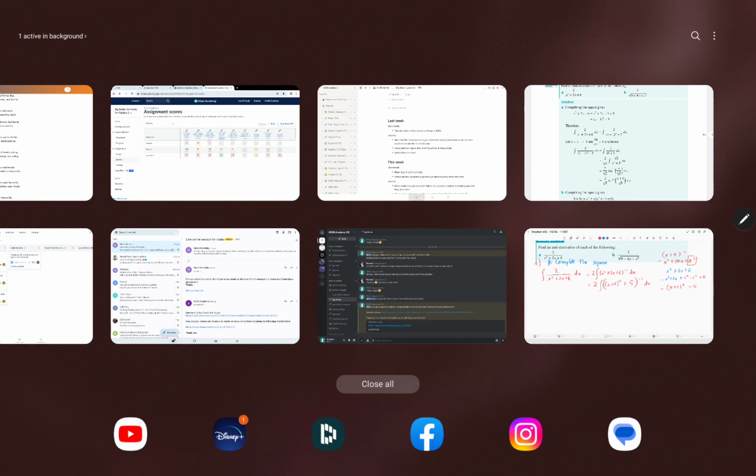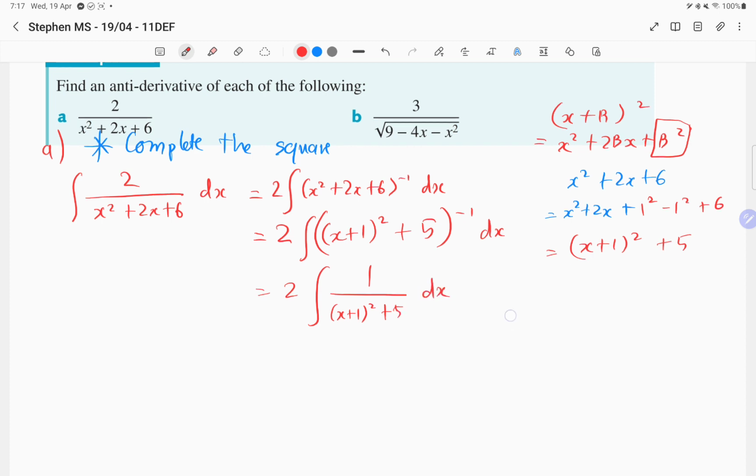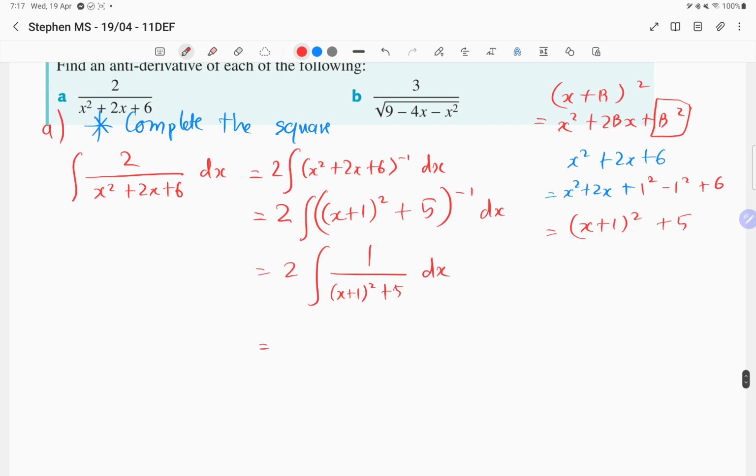Sorry, my bad. You don't leave it in the power minus 1; you put it as 1 over. So that would be 1 over 2, x plus 1 everything squared plus 5. Let's keep it in this form first. Next, you do the same thing where you let u equal something. Let u equal the simpler function inside the more complex function, which is x plus 1.